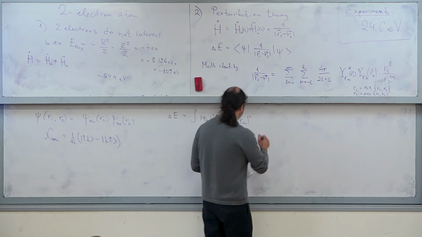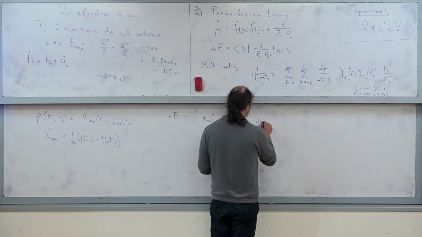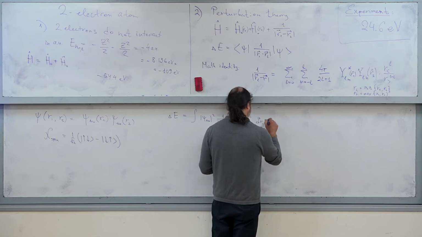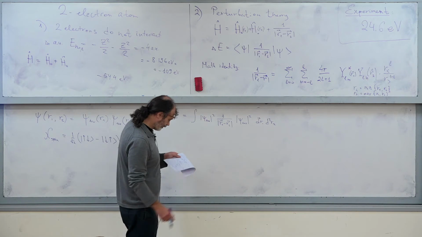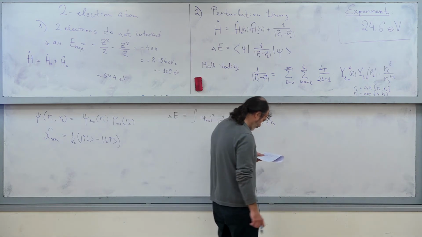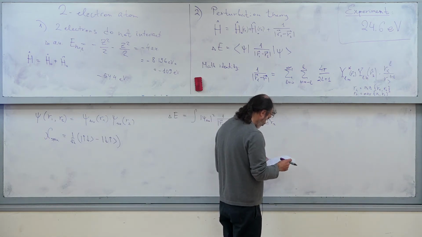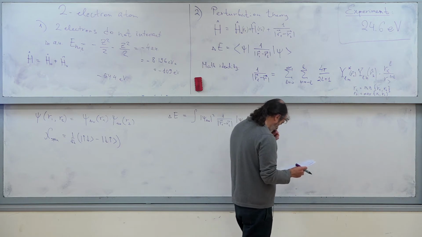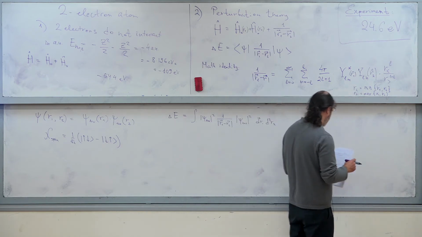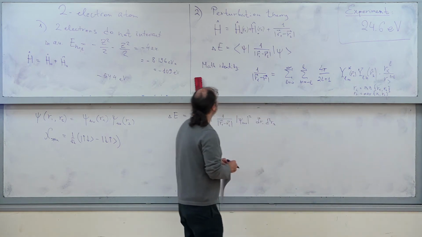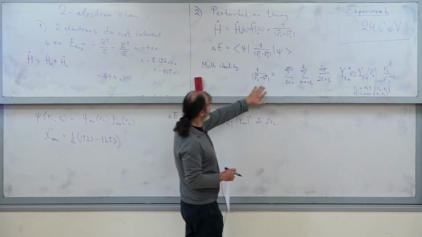So this integral should be the integral that goes over d3R1 and d3R2. That's the integral that we have to take, right? So we will use, of course, the trick that we just introduced.